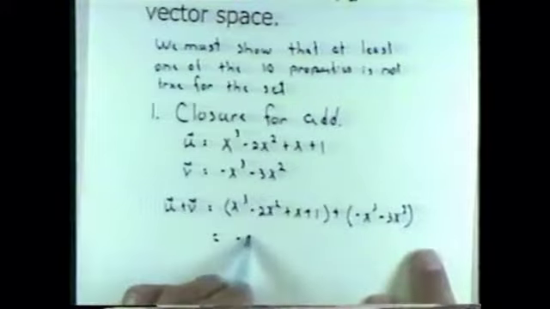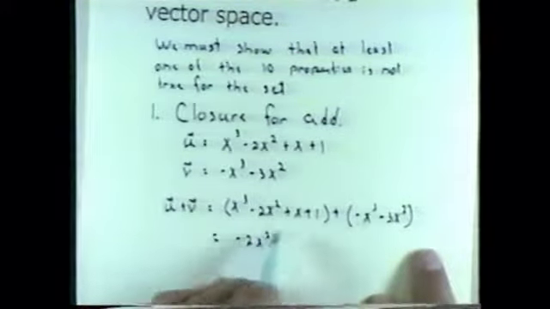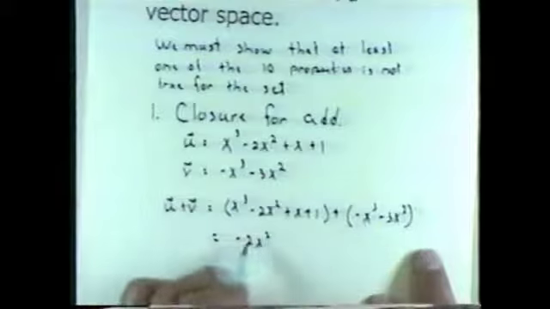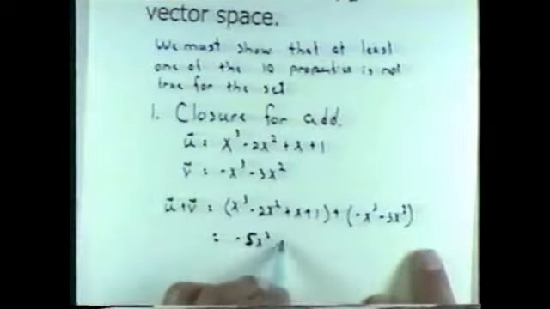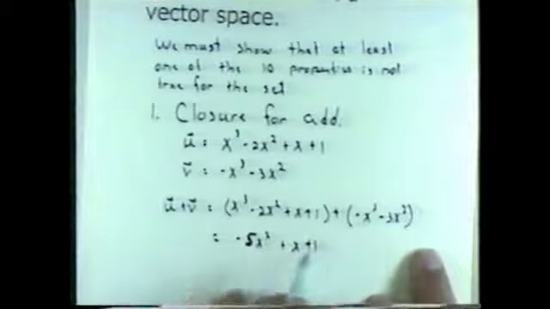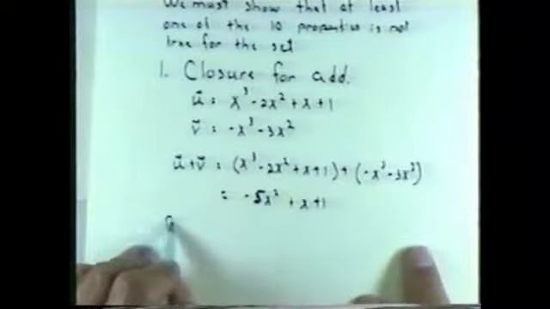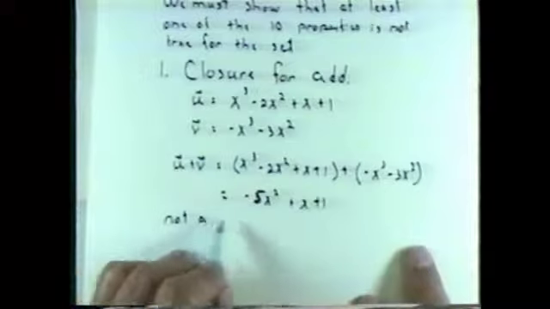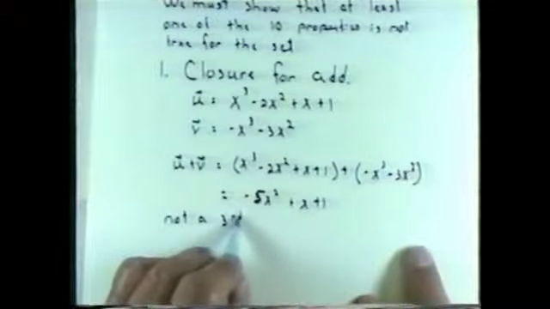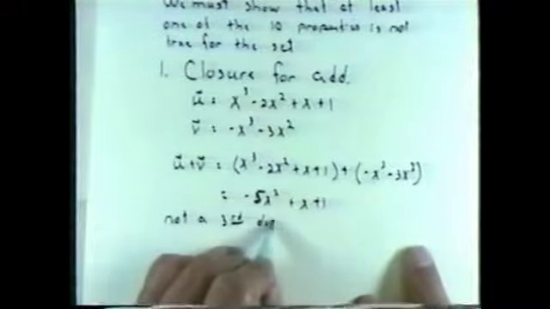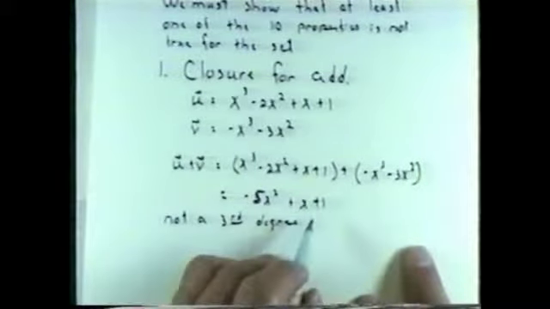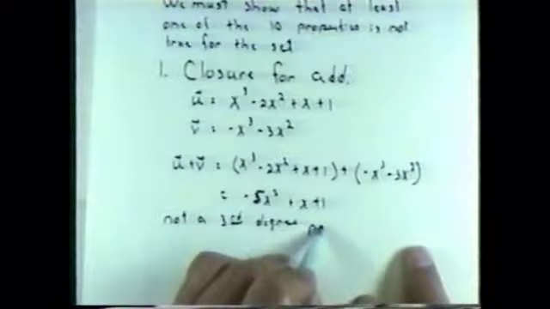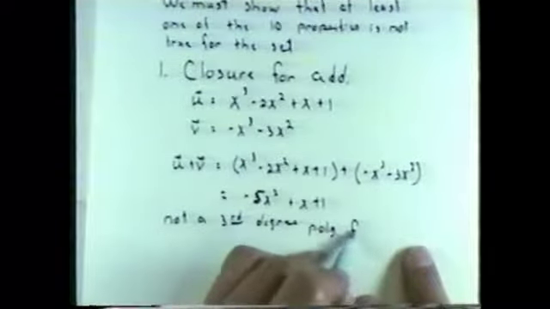So I'm going to have negative 2x squared minus 3x squared, which is negative 5x squared plus x plus 1, which is not a third degree polynomial function.